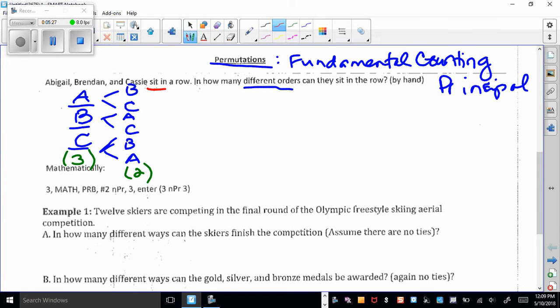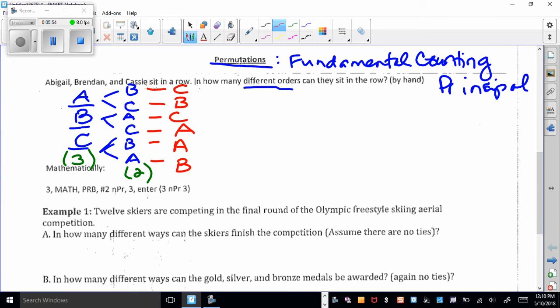and then now I really only have 1 choice, because if Abigail's in a chair and Brendan's in a chair, then Cassie has to be in the 3rd chair. And if you have Abigail, Cassie, then this has to be Brendan. Brendan, Abigail, this has to be Cassie. Brendan, Cassie, this has to be Abigail. All right, and so this is called a tree diagram, and in statistics, we use it to count the possible outcomes.